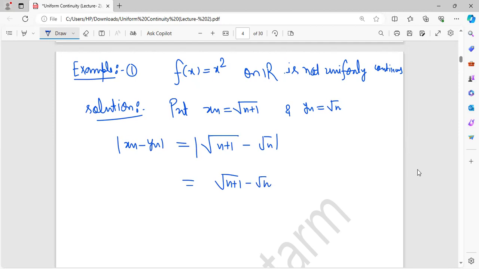Okay. Now I can multiply and divide by the conjugate. So what will I get? The a square minus b square formula you apply here.